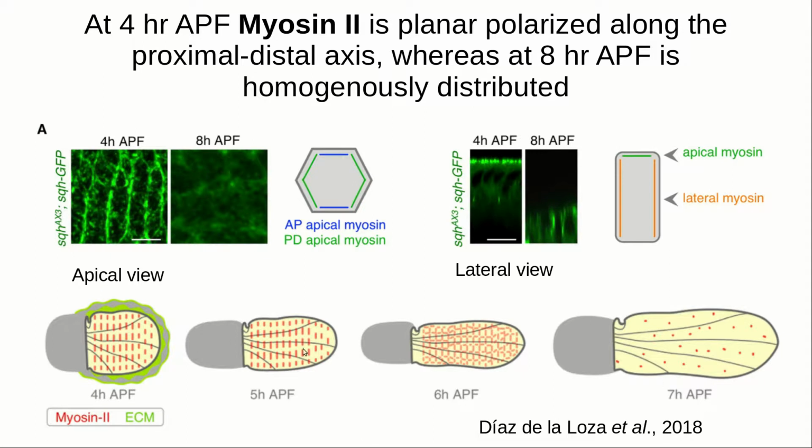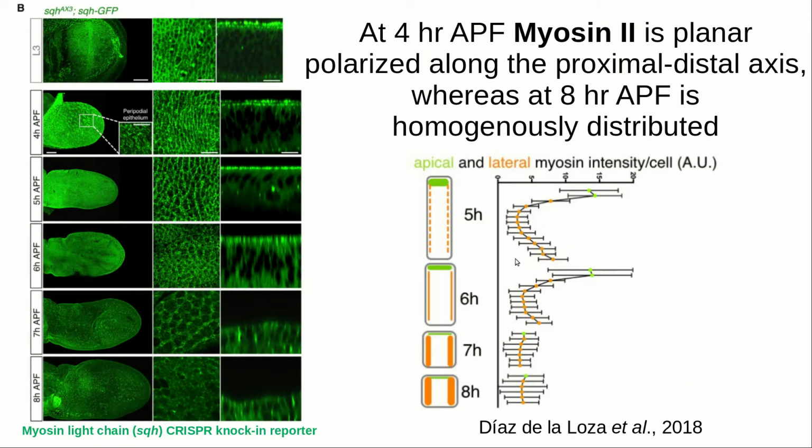Here you can see a view of the whole wing. These vertical lines mark how myosin 2 is polarized at the beginning, and then it stops being polarized, and then you cannot even see it in the apical side of the cells. Here you have a quantification along with several pictures of this process of changes in myosin 2 location.